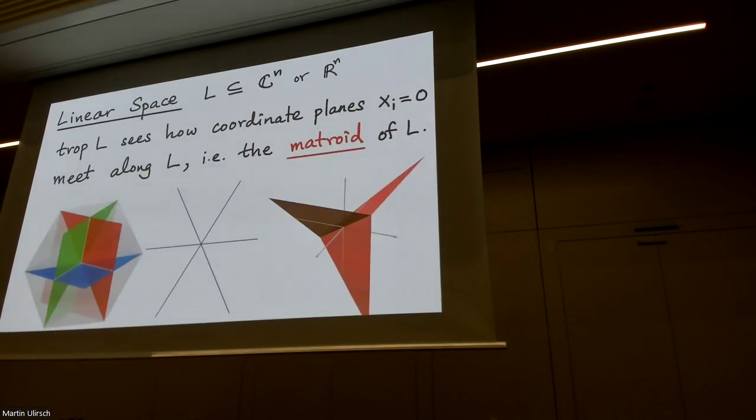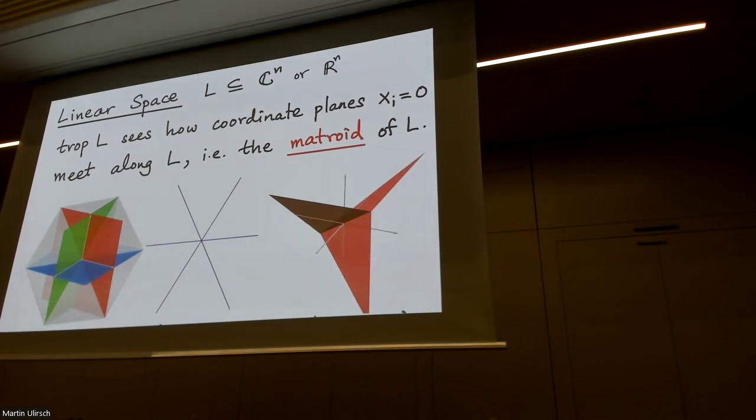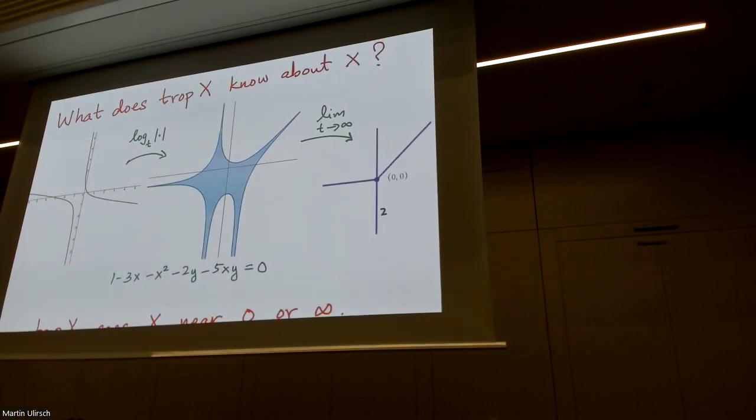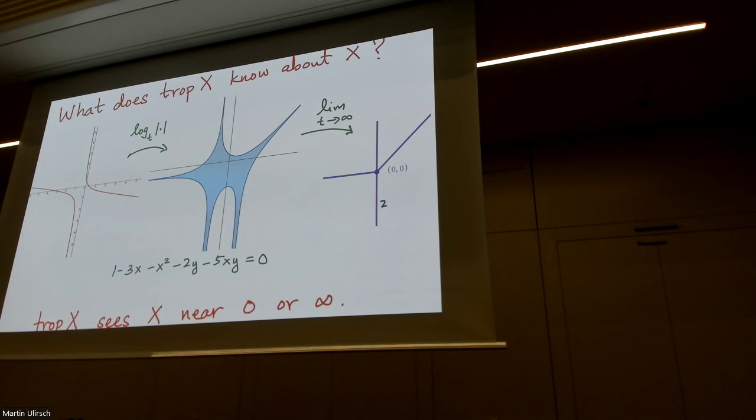So let's look at a special case of a linear space. So in a linear space, like in this picture, my variety is the... Say that again. You mean like these?